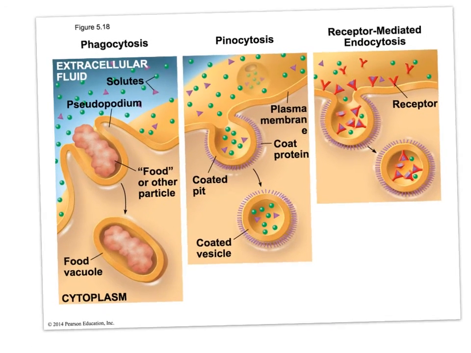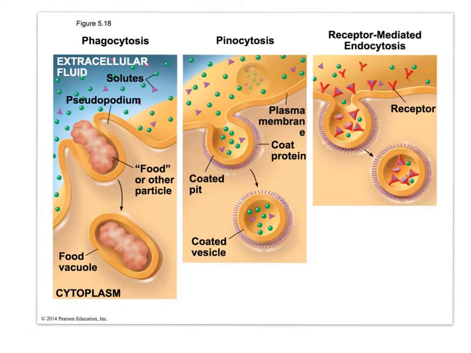Phagocytosis, pseudopodium, that engulfs something. How did the other two get triggered to start then? So there is a trigger. Think about where the trigger comes from. Usually in phagocytosis and pinocytosis, the trigger is cellular derived. The signal's coming from inside the cell to go out and form the pseudopodia and engulf something.